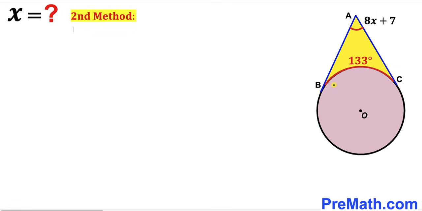Now let's make an observation. We can see these points B and C are our points of tangency. I'm going to connect the center O with this point B, and likewise connect the center O with this point C as well. Now OB is the radius of this circle, and likewise OC is the radius as well.